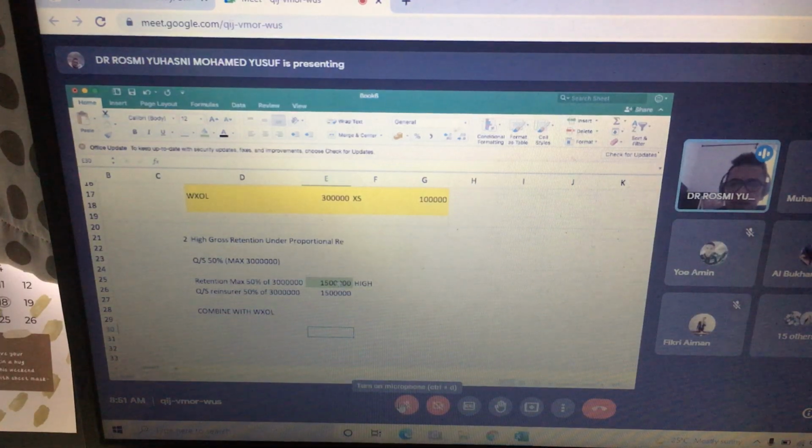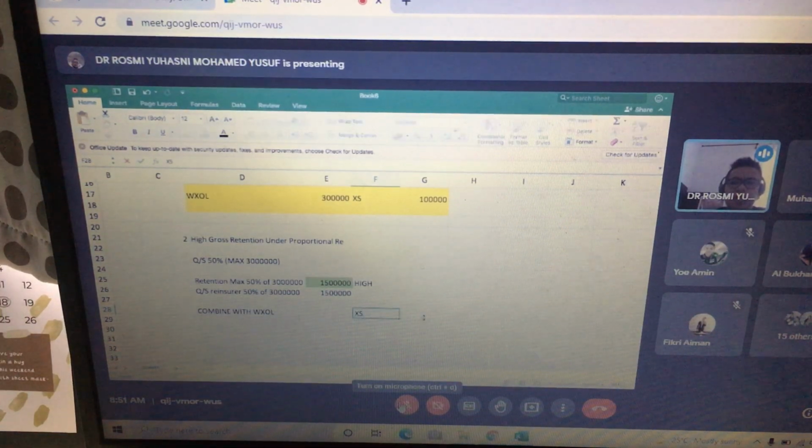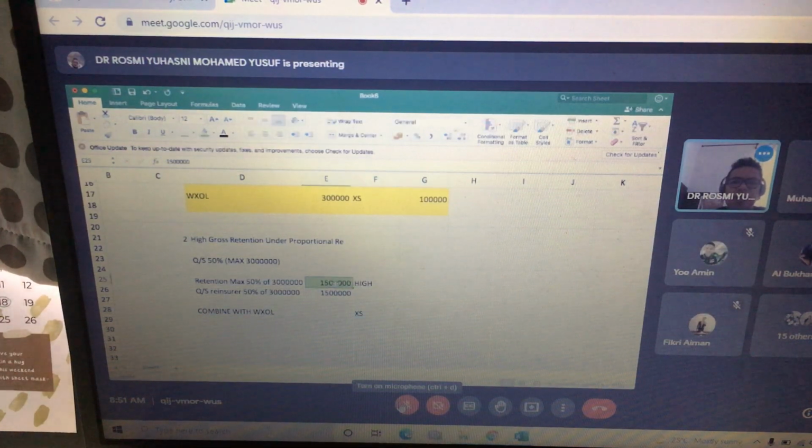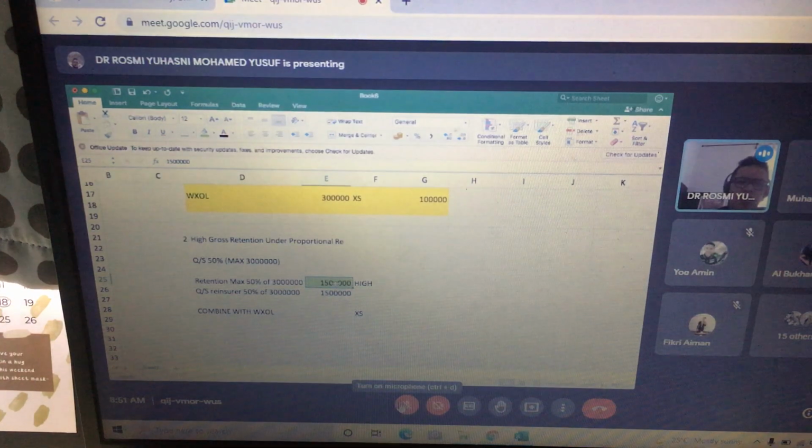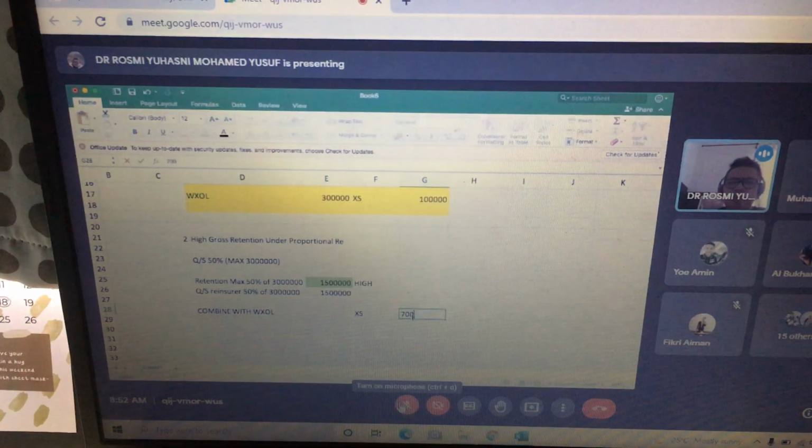Nak kurangkan gross retention under proportionally by using working excess of loss. Macam mana dia nak buat? So this 1.5 million will be divided into the cover and the deductible. Let's say they decided that 1.5 million itu tinggi, nak kurangkan kepada 700,000. So that will be 700,000.